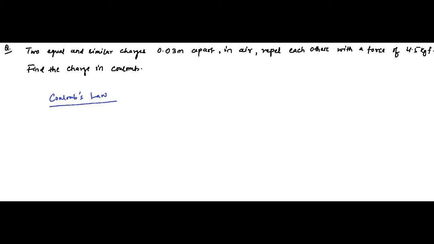It states that if the charges are similar in nature, like charges, they repel. If they are unlike charges, they attract. That force is given by 1 by 4 pi epsilon 0 q1 q2 by r square.